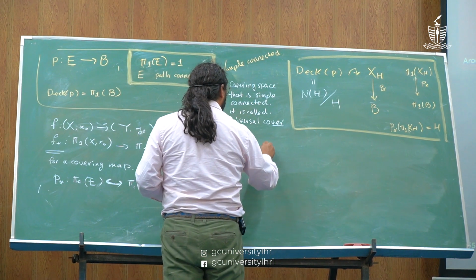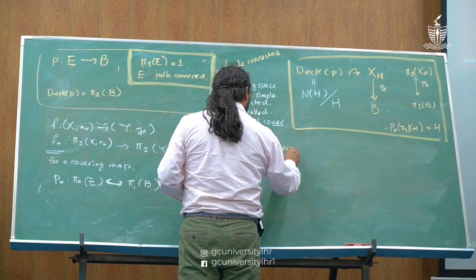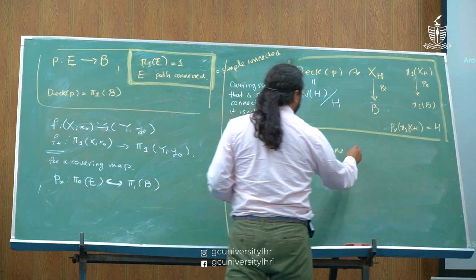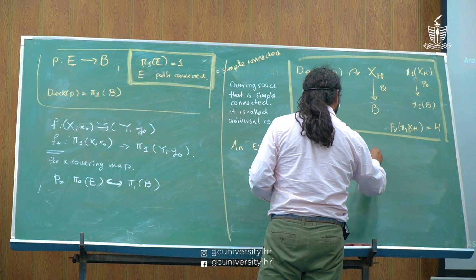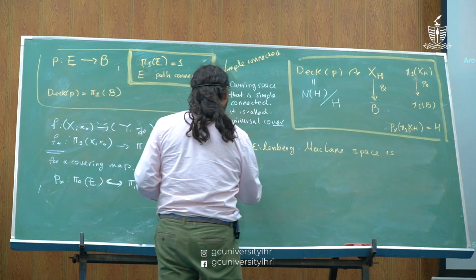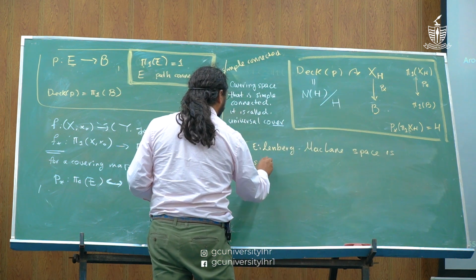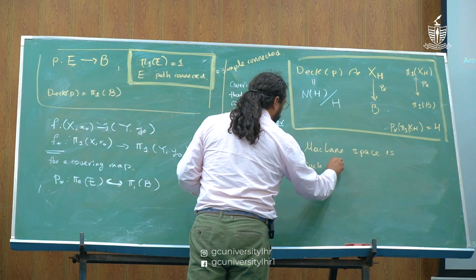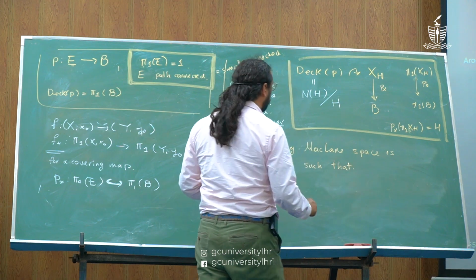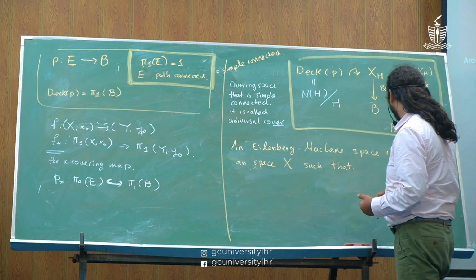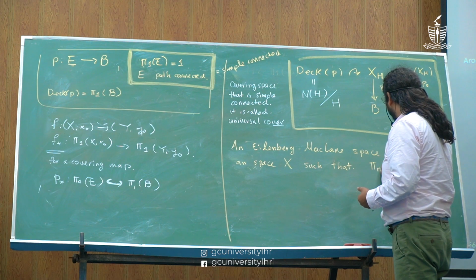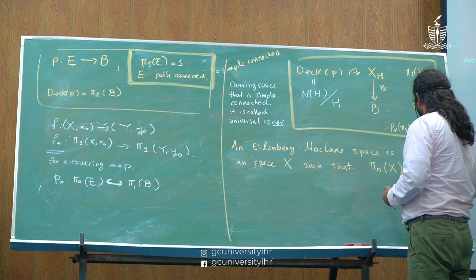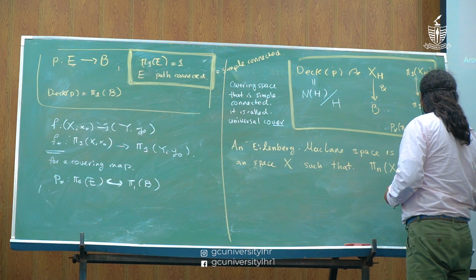And an Eilenberg-MacLane space is a space X such that πn of X is trivial for n greater than 2.